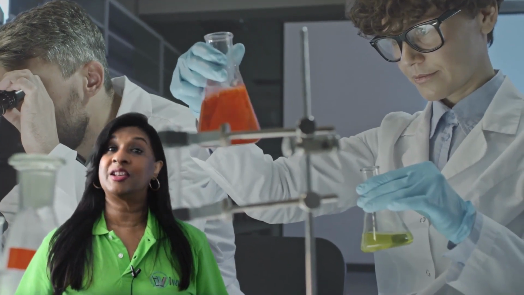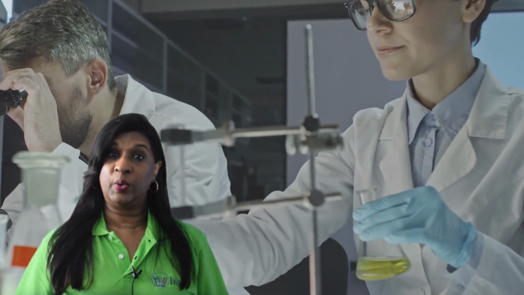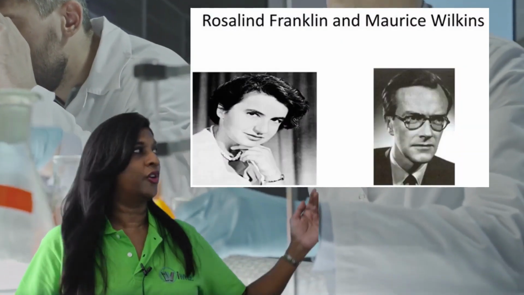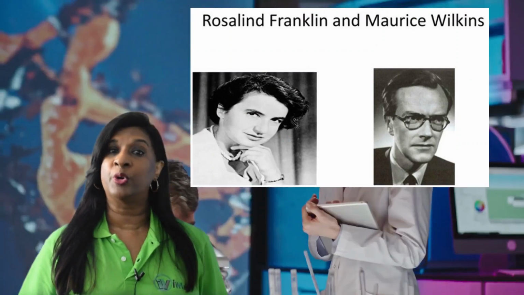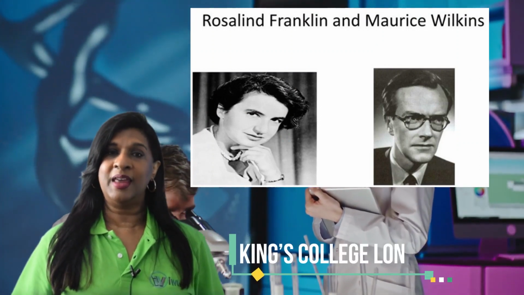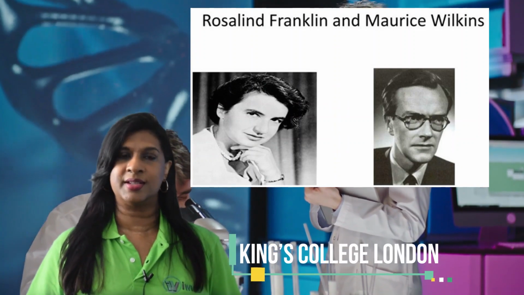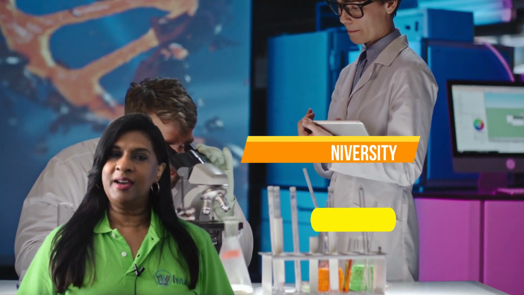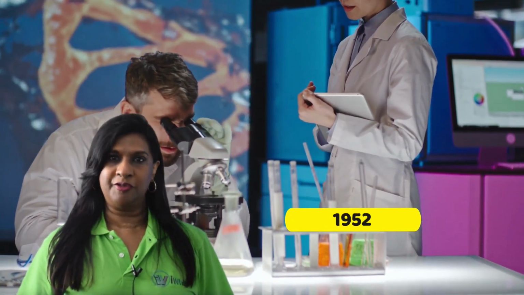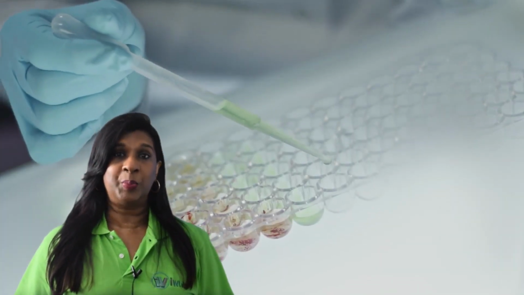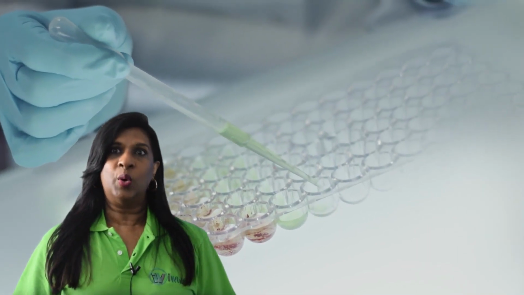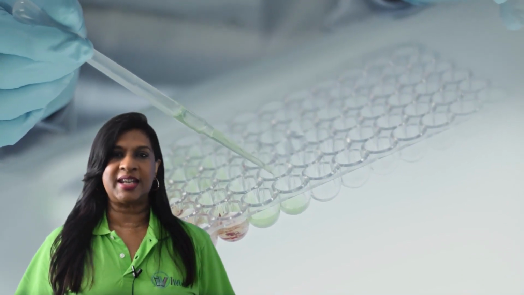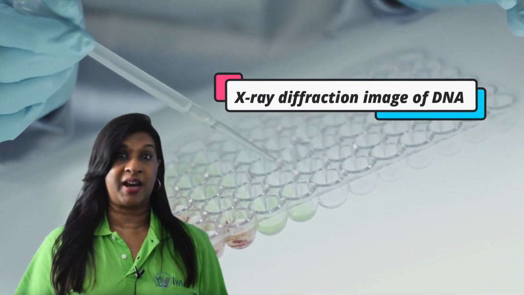Two very significant individuals who were also involved in discovering the structure of DNA were Rosalind Franklin and Maurice Wilkins. They worked at King's College London, a rival university. In 1952, Rosalind Franklin, together with a PhD student, began producing images of DNA, and she used a technique called X-ray diffraction.